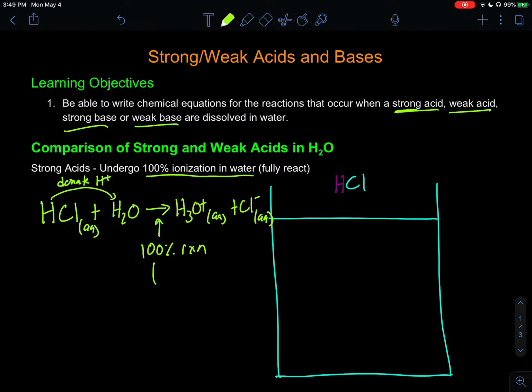So we can think of, in this case, the right side of the reaction being so heavily favored that we can consider it to be nearly a one-way reaction, where whatever amount of HCl we put in, all of that's going to react to give us H3O+ and Cl-. Now, what does this mean as we think about what this solution looks like?